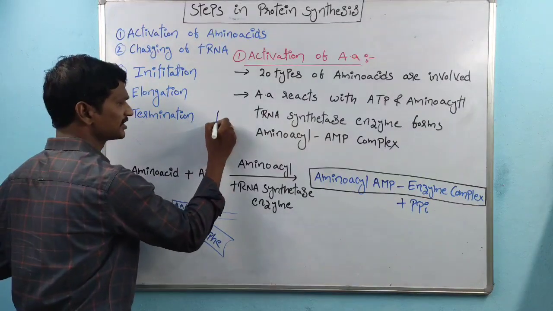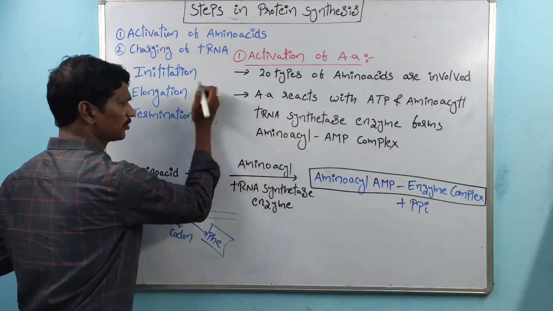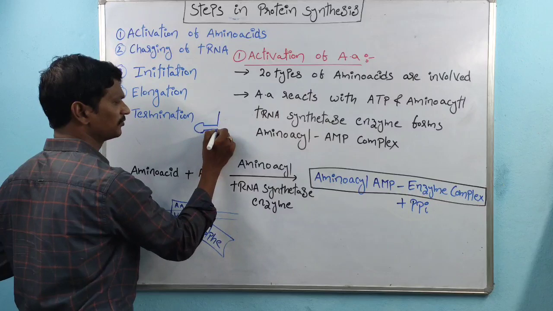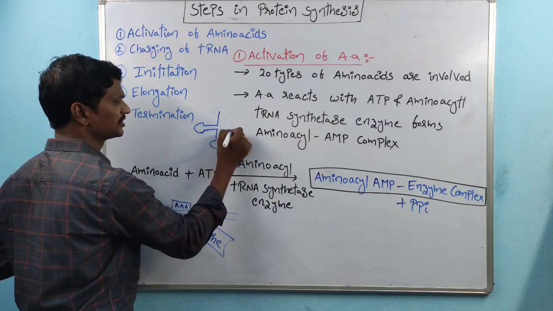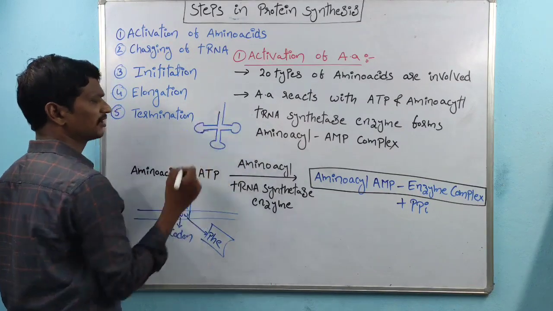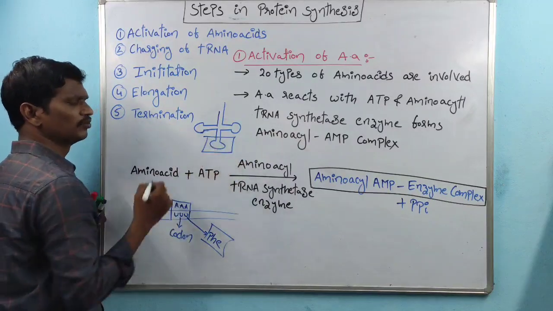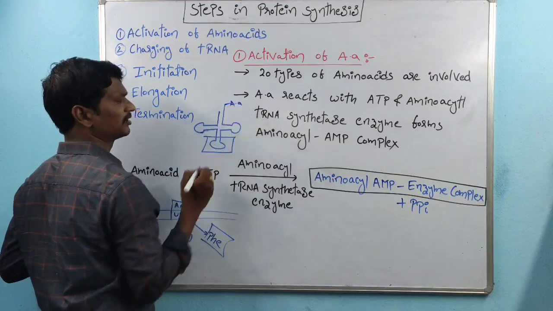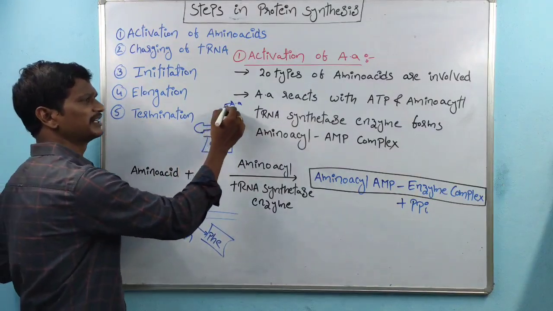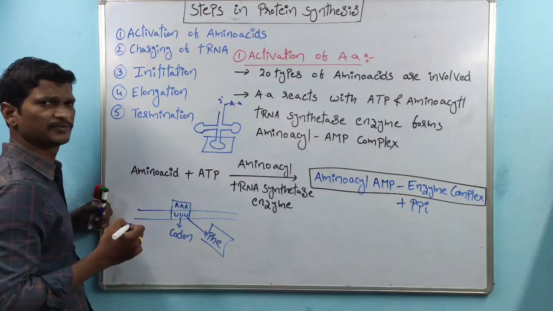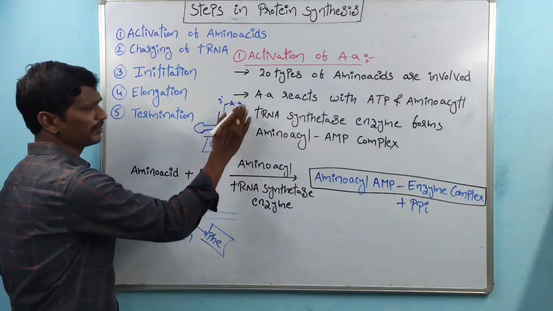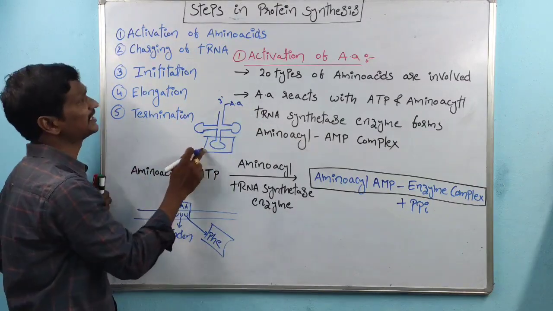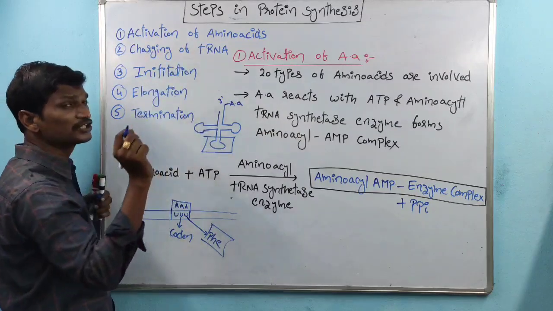Charging of tRNA: this is one of the clover leaf structures of tRNA. Within this tRNA, we already discussed that different arms are there. This is the anticodon loop, right? Here there is an amino acid acceptor arm, meaning the amino acid is bound at the 3' side, at the 3' hydroxyl group side, right? If any tRNA contains an amino acid, that tRNA is called a charged tRNA.